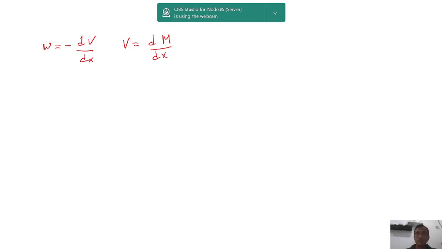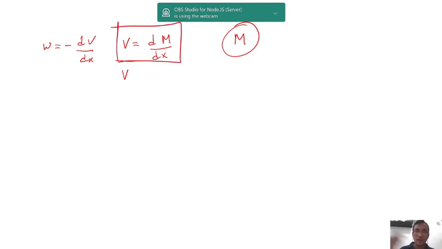What we can get here is, if we know the equation which governs M, later we can find V by doing the first derivative like this.